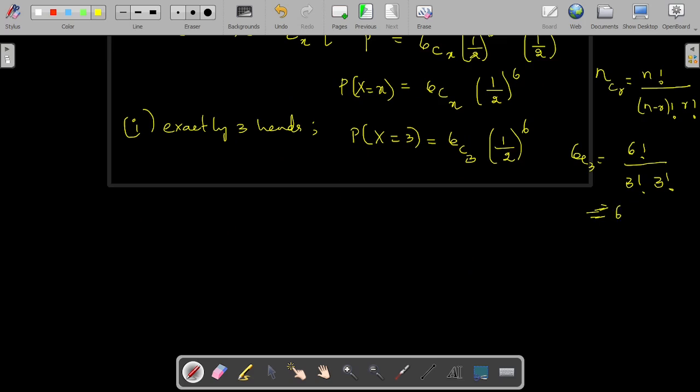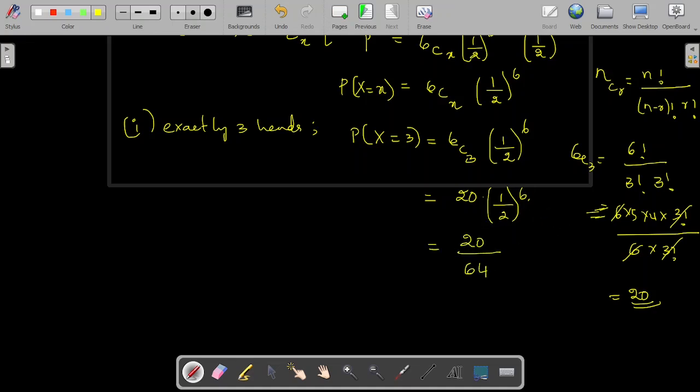Therefore you will get 6 into 5 into 4 into 3 factorial divided by 3 factorial, and 3 twos are 6, into 3 factorial. This 3 factorial cancels, 6 cancels, 5 fours are 20. So this is equal to 20 into (1 by 2) to the power 6. You can simplify: 2 to the power 6 is 64. After simplifying, you will get the final answer as 5 by 16. 4 fives are 20, 4 sixteens are 64. So exactly 3 heads equals 5 by 16.